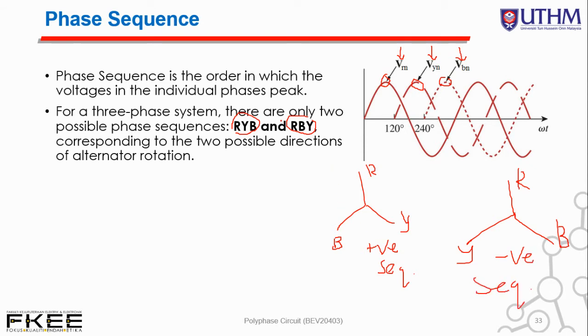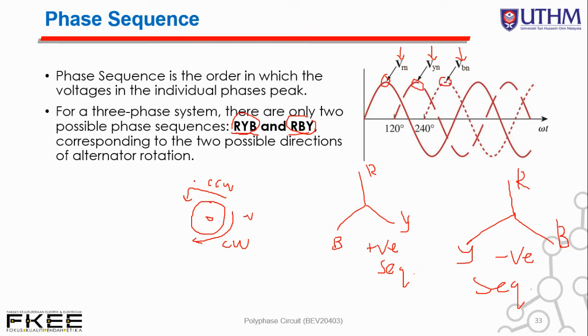Only these two possible sequences correspond to the two possible directions of alternator rotation. For the alternator, for example, this is the design of a generator or alternator. We have the CCW direction and the CW direction.